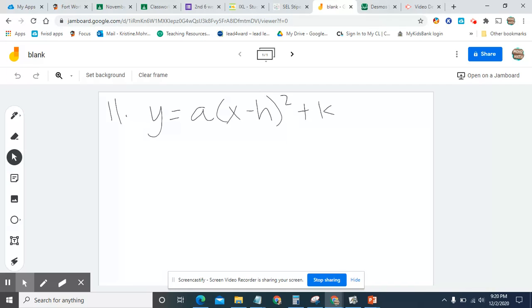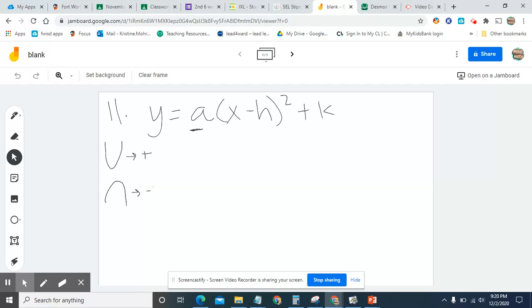But this piece A tells you, one, if it's positive, whether it's opening upwards or opening down. It'll open upwards, so it'll be like this, if A is positive. It'll open downwards if A is negative.